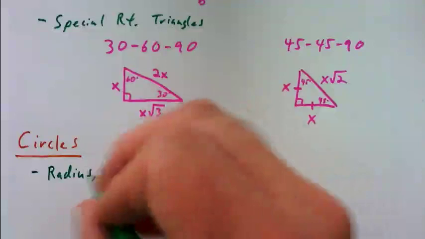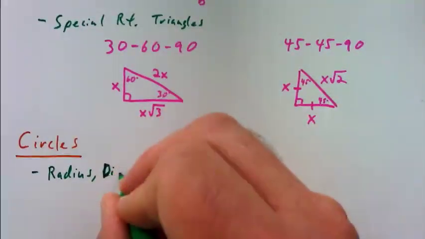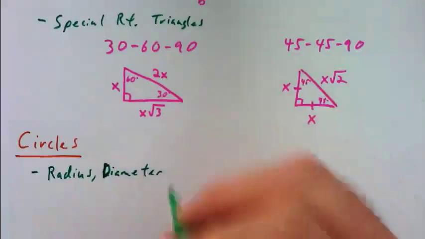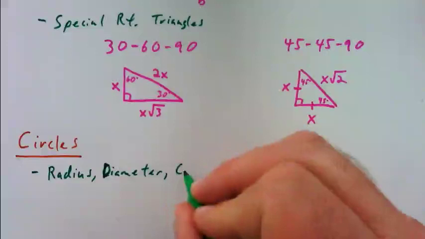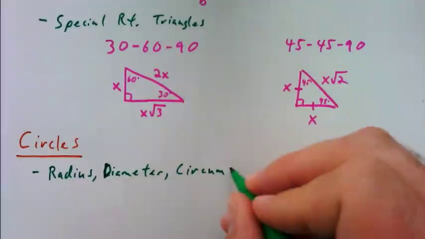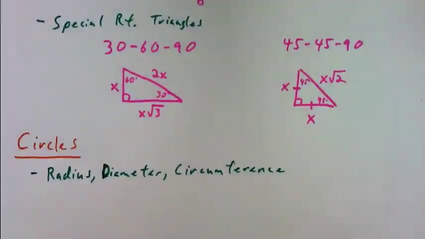I almost skipped over one. And we need to know what the circumference is. Now, are there other parts to a circle besides these three? Yes. But again, these are the three main ones that we need to talk about.